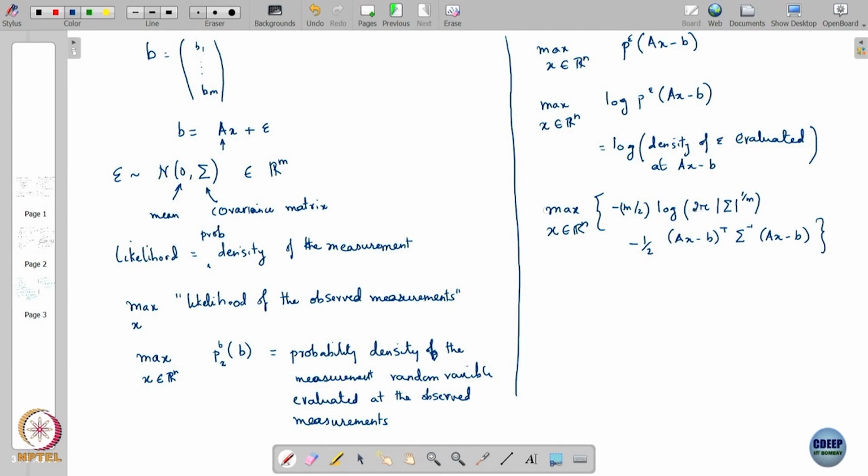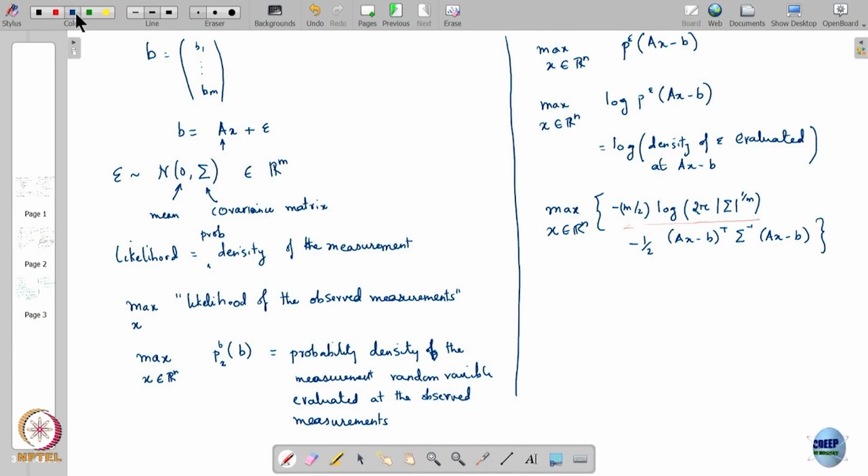Now, if you look at this function, you will notice that the first term has nothing to do with x at all. It is simply a constant. It does not affect the optimization problem. It only shifts the function in one direction.